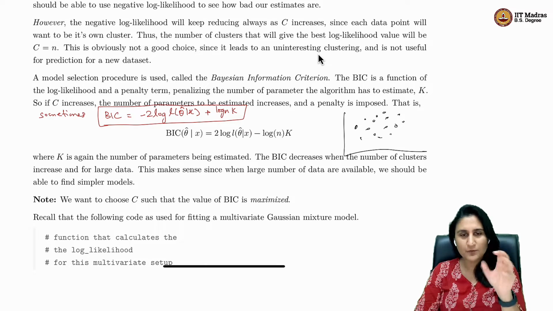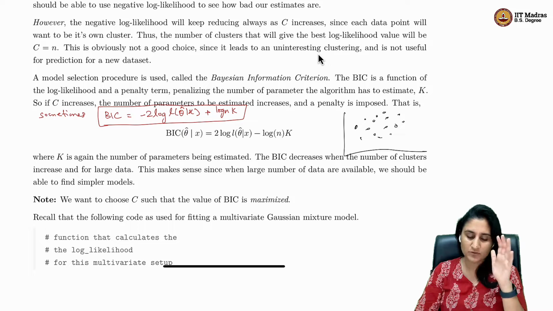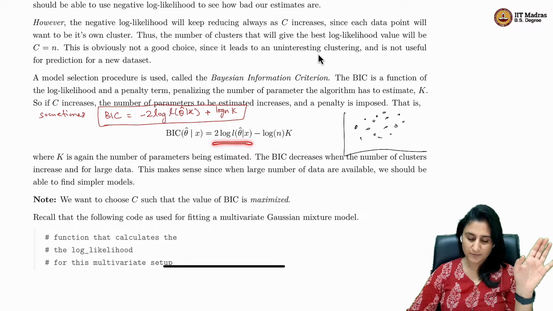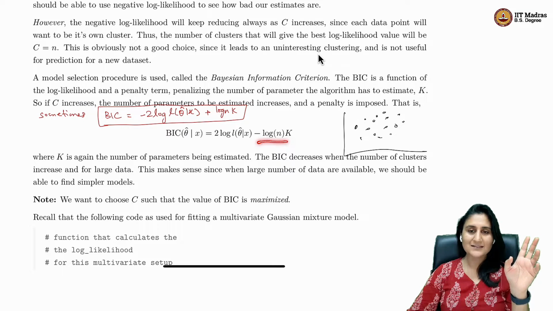But I'm focusing often on maximizing things, so I'm only talking about maximizing here. Okay, so the BIC is 2 times the log likelihood, so that's good, minus log n times K.